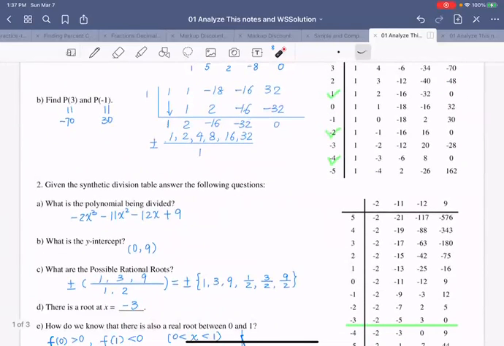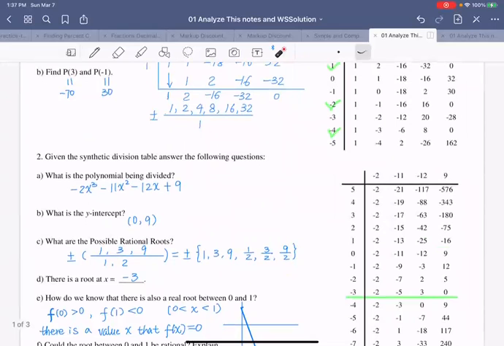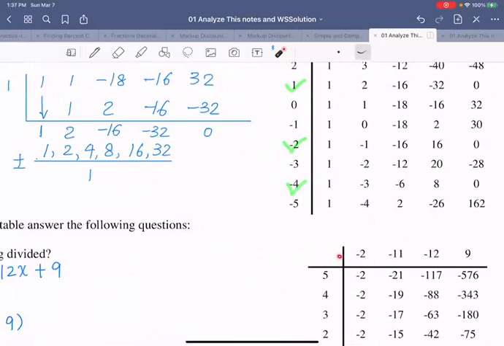Next one. Aiden, I still call you because most students haven't learned this in school yet. You already learned part of it, okay. When you see this, what's the polynomial based on this?